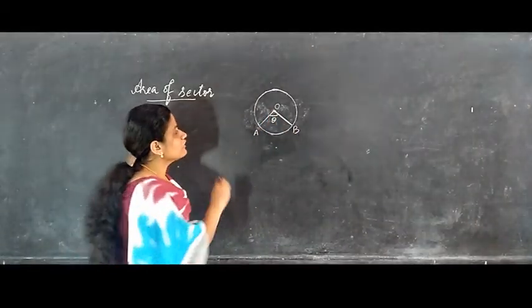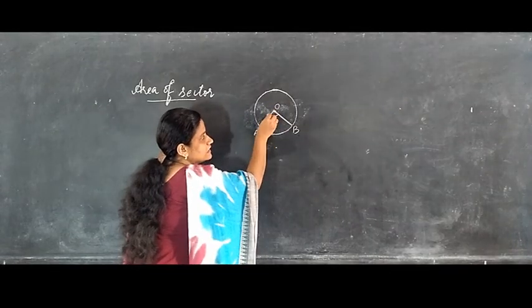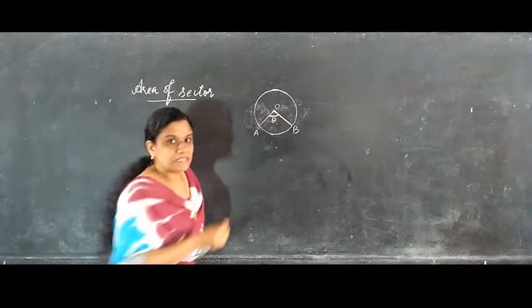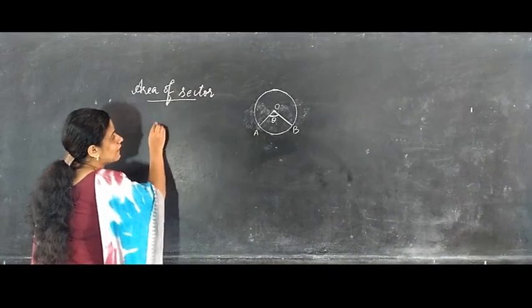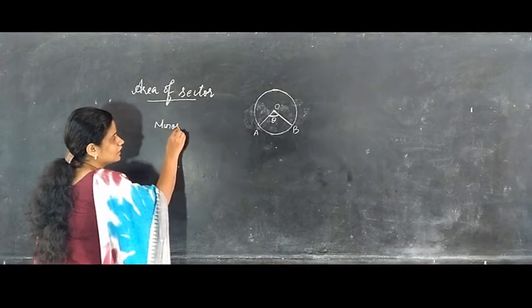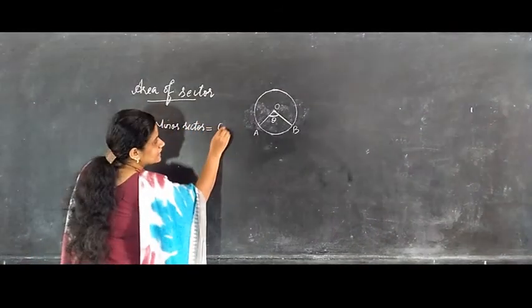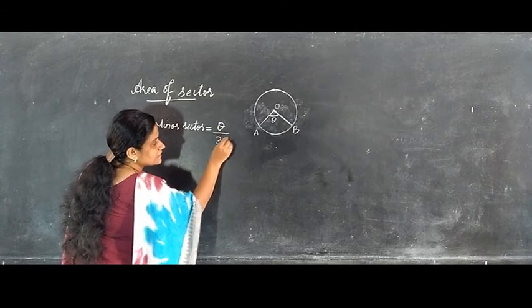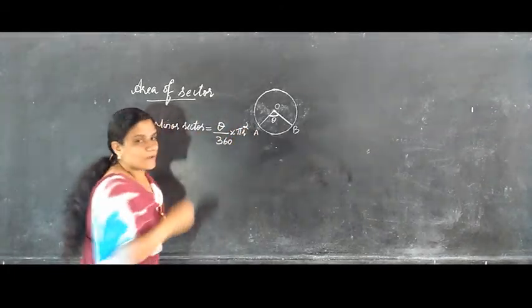How can we find that? Out of this 360 degrees, this angle is theta. So the formula for the area of the minor sector is theta by 360 into pi r squared.